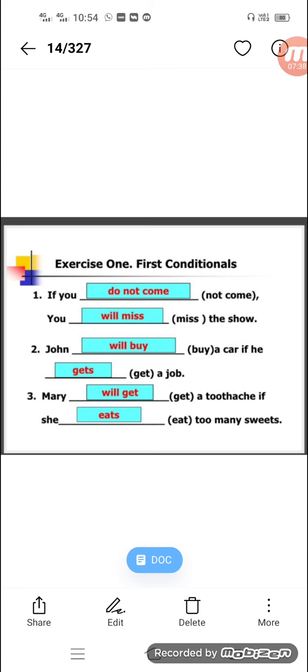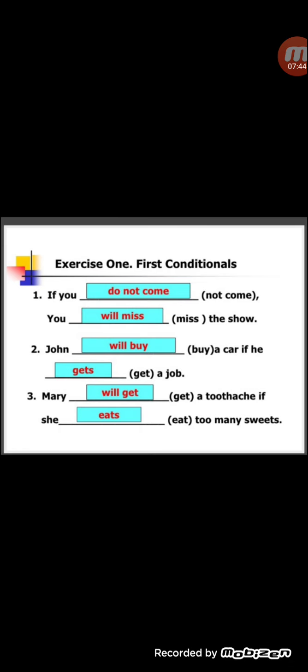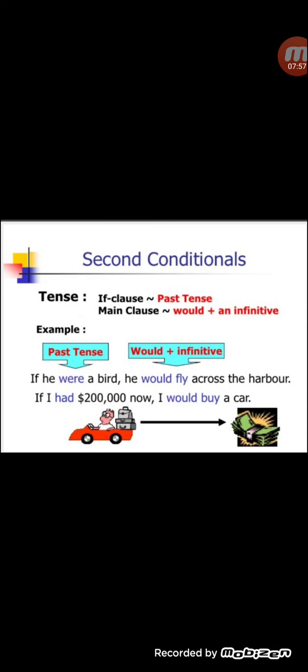And John will buy a car if he gets a job. Okay, Mary will get a toothache if she eats too many sweets. Okay, these are the sentences which we can see in first conditional.